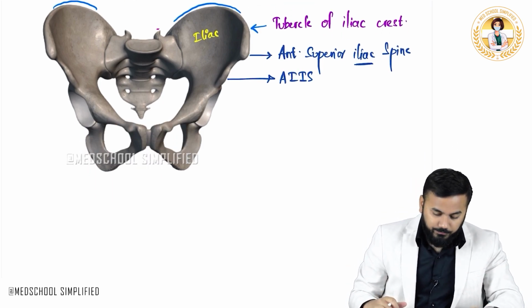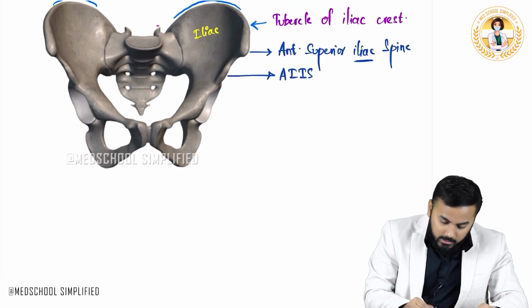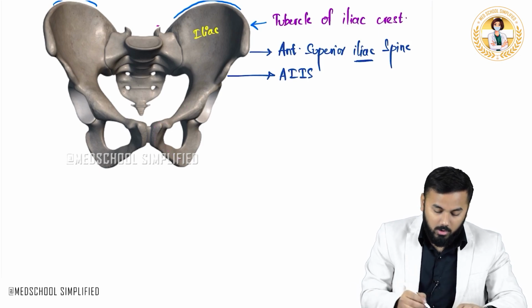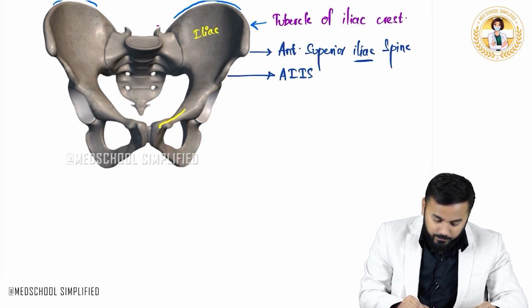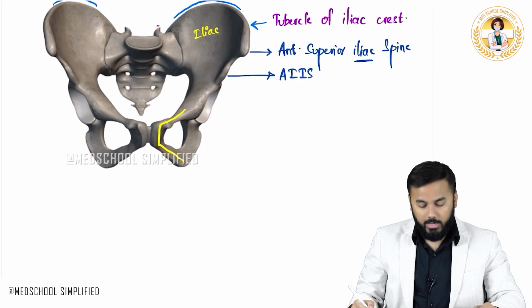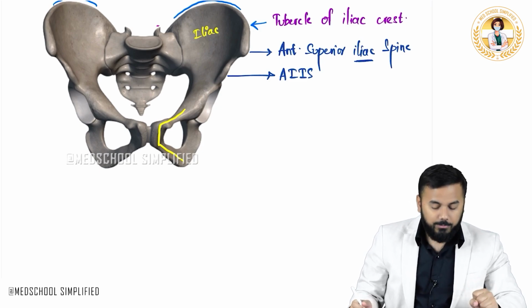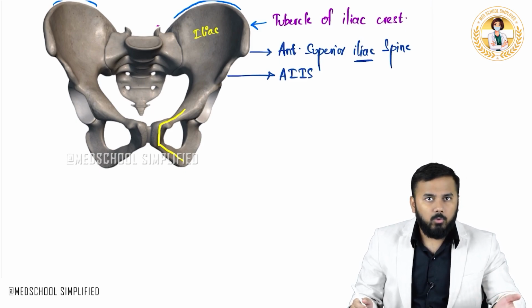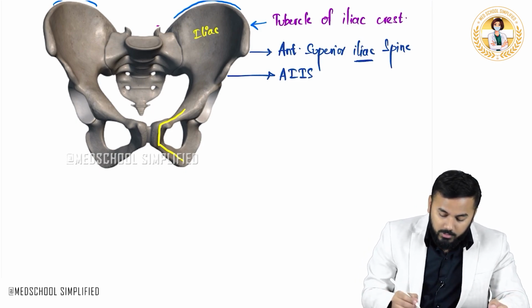The second important thing is to look at the line which I am drawing. This bone that I am drawing here is called the pubic bone. If you carefully look at the pubic bone, there are three rami.